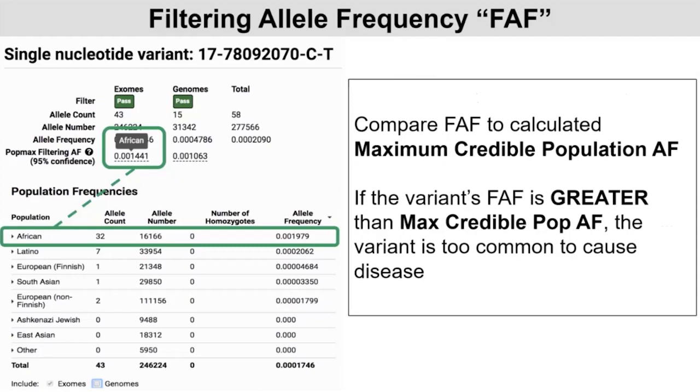So it is a conservative way of looking at what the true allele frequency for a variant could be. And so we recommend that once you've calculated what your BA1 or BS1 threshold is, you then compare it for any given variant to that variant's filtering allele frequency to determine if this criteria is met or not.